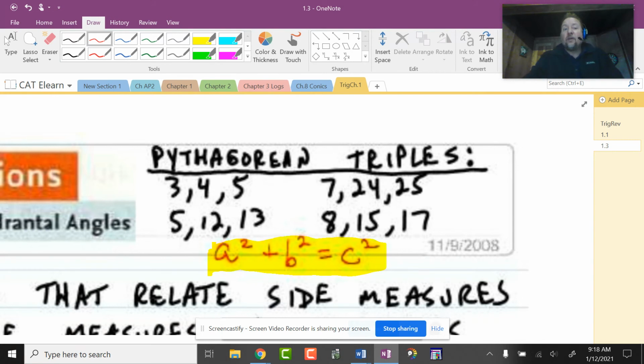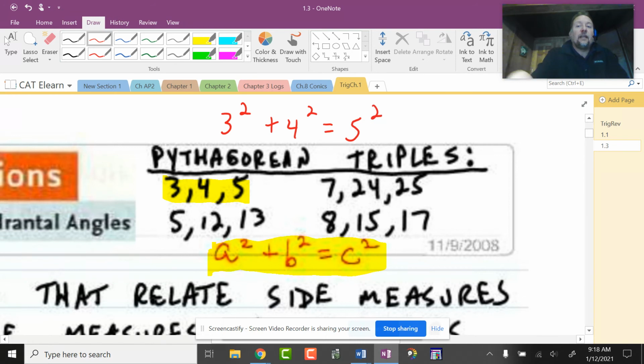So if I were to say that a triangle has these sides as measures, 3, 4, 5, you would know right away that that is a right triangle because it fits perfectly in the Pythagorean theorem. As far as relating those sides, 3 squared is 9, 4 squared is 16, 9 plus 16 is 25, 5 squared is 25. So this represents side measures of a right triangle.